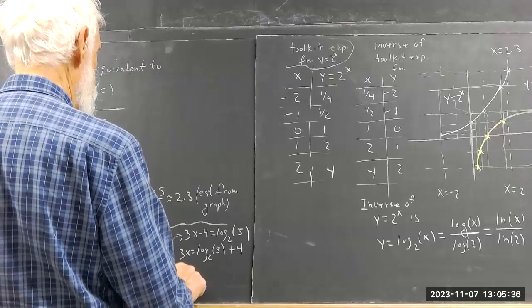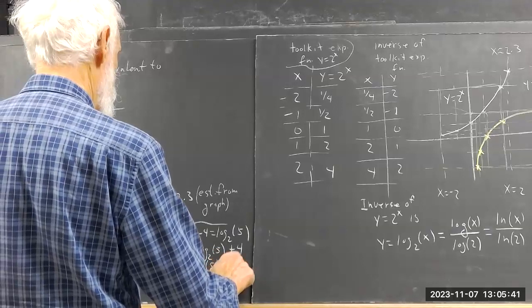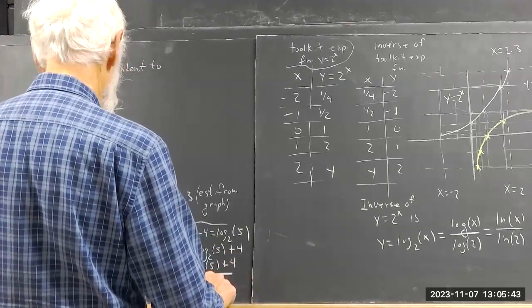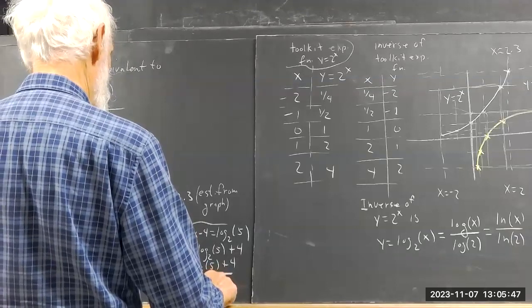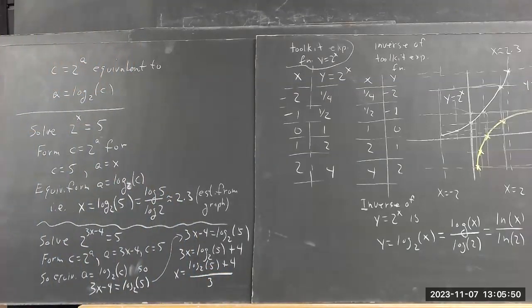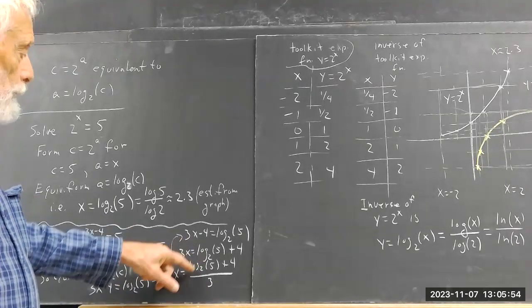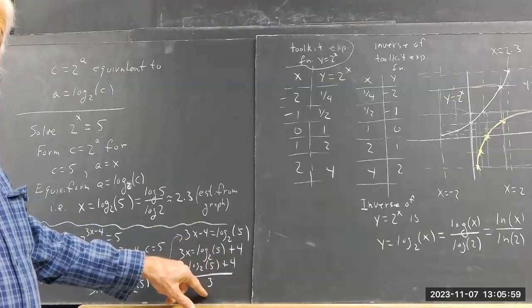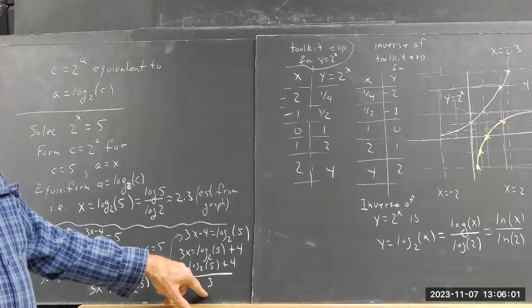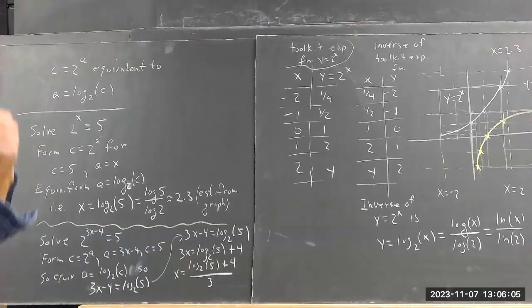So we get x equals log base 2 of 5 plus 4, divided by 3. And now we go to our calculator and do log of 5 over log 2, add 4 to that, divide the result by 3. Very straightforward. Well, that's great.